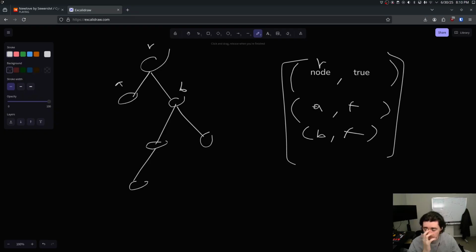These are just tuples. And so when we pop, we'll be getting B and false first, and then it will continue to essentially get to the bottom. And then once we get to the bottom, we're going to be working our way back up the tree.